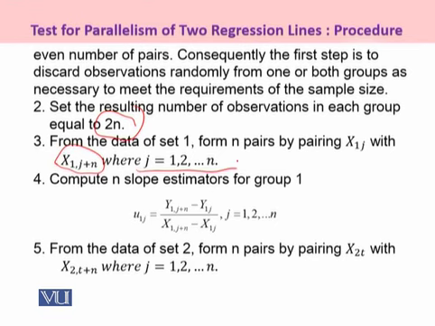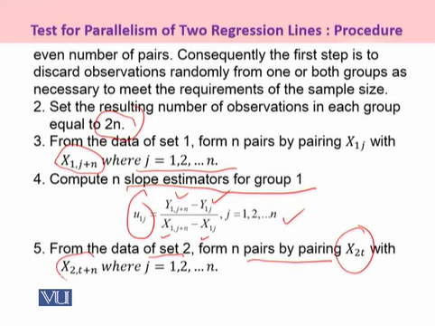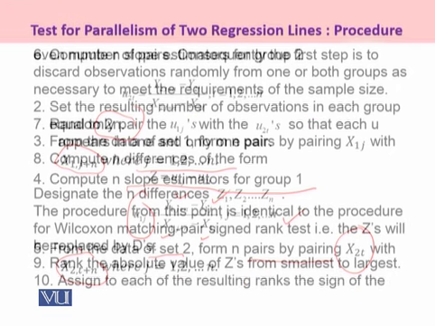Compute n slope estimators for group 1 by employing the formula u1j equal to (y1j plus n minus y1j) divided by (x1j plus n minus x1j), where j is 1, 2, and so on up to n. Then from the data of set 2, we will be repeating the same. We form n pairs by pairing x2t with x2t plus n, where t is 1, 2, and so on up to n.